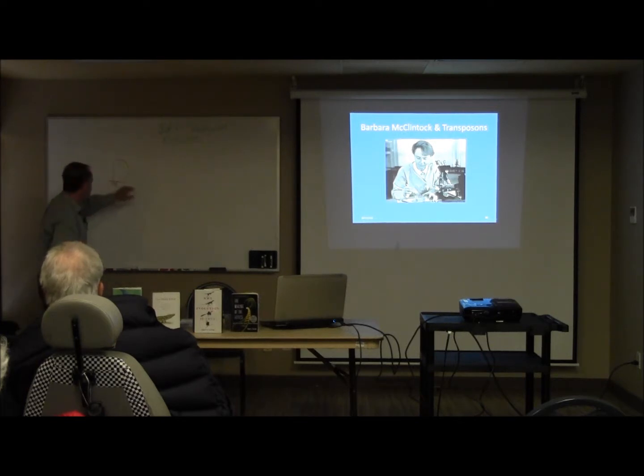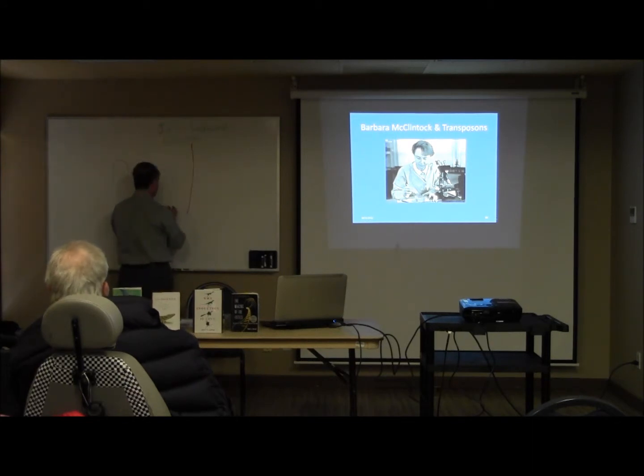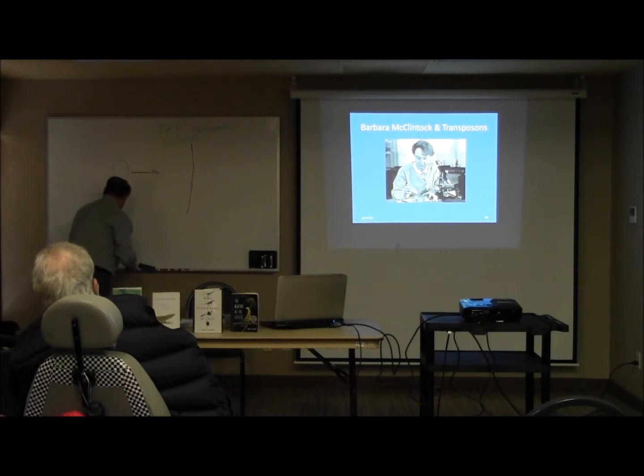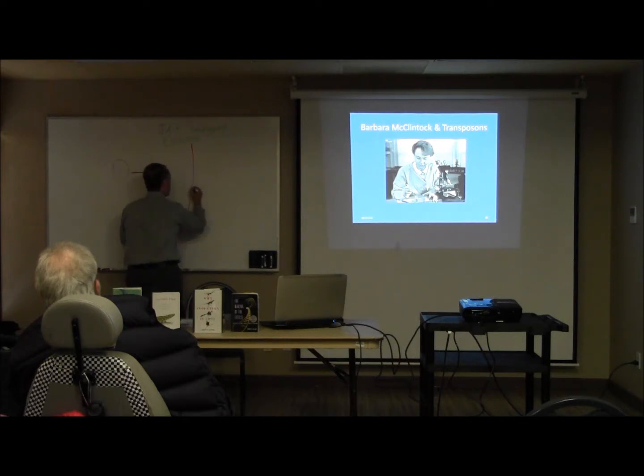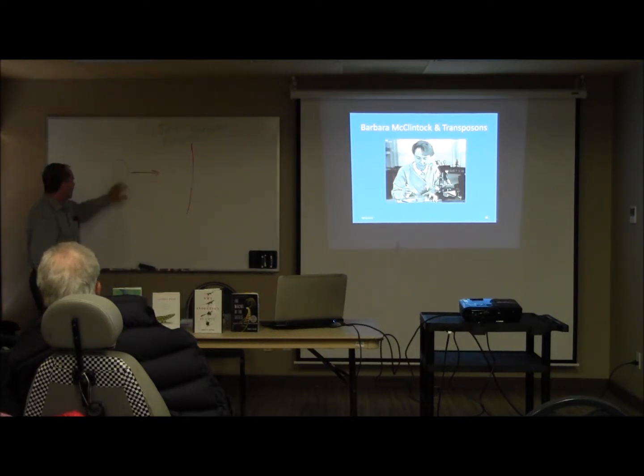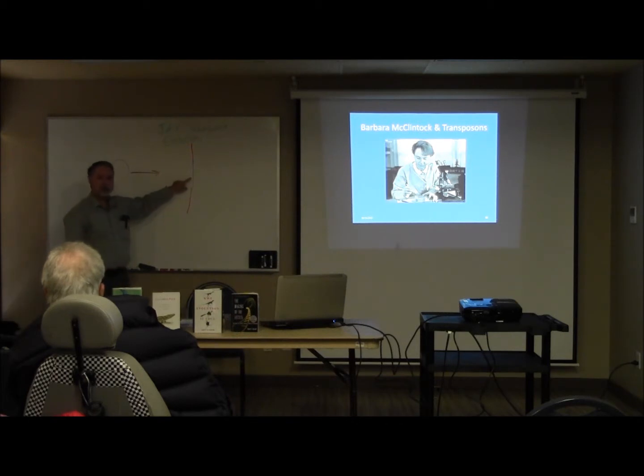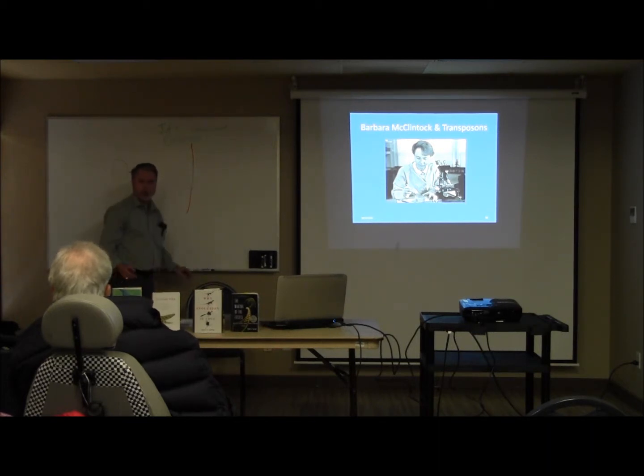And that loop is primed to be cut off here, which is fascinating. She then said, okay, now this free piece of DNA can go somewhere else where there's another strand of DNA, and it can insert itself here. So what she was saying is, I think these things are moving to a place which changes the activation, that is, whether or not an enzyme is going to be active in the corn kernels.